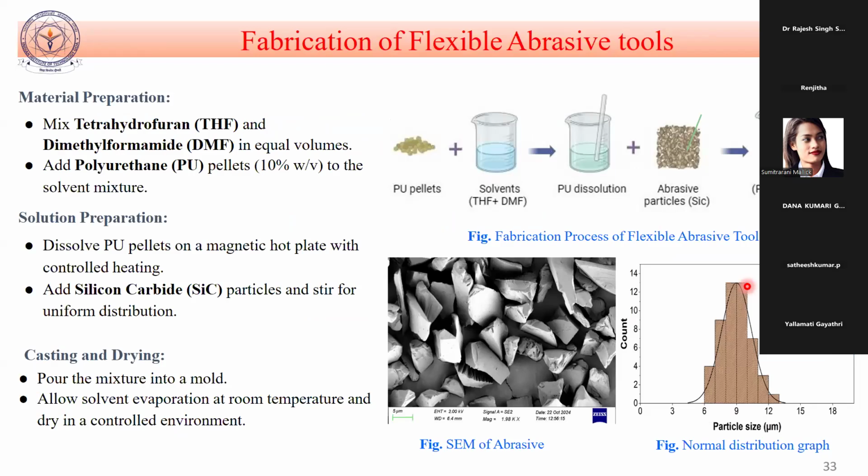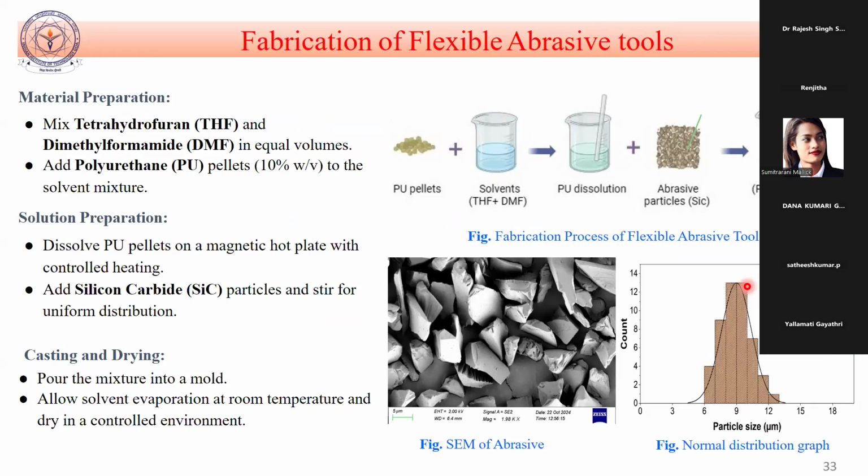For this, we take the help of material chemistry. We use the abrasive as silicon carbide or aluminum oxide, and the matrix we want to use is polyurethane, PU.